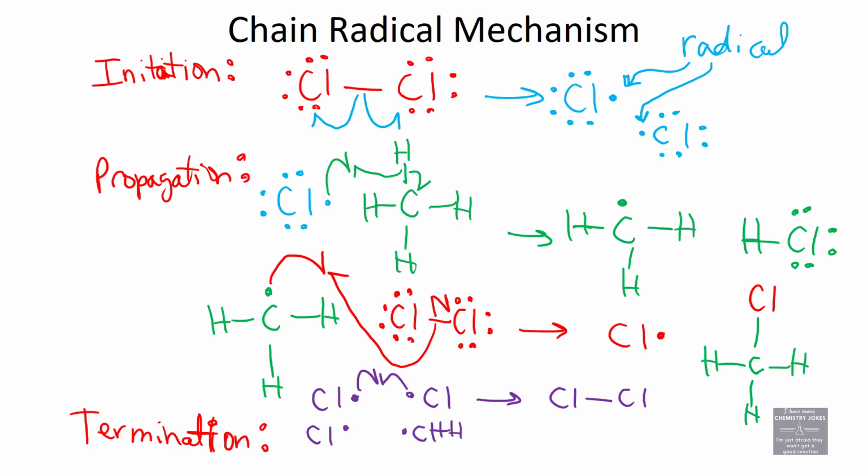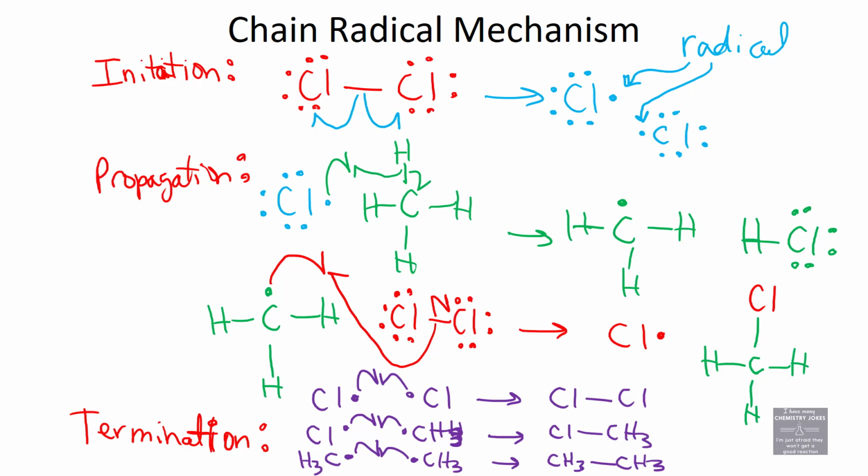We're going to make this an H3 because I don't have space. A Cl radical and a methyl radical could terminate, like so. Two methyl radicals could terminate, like this one. And all of a sudden, we've got an ethane in our flask.